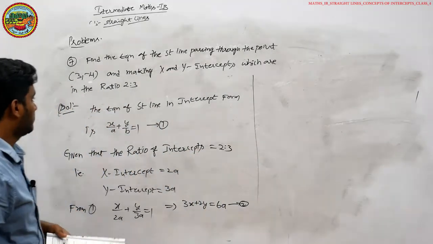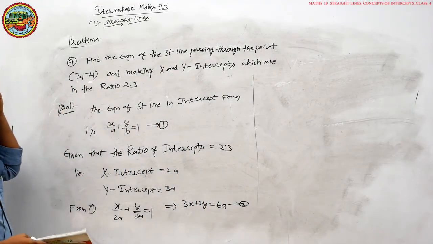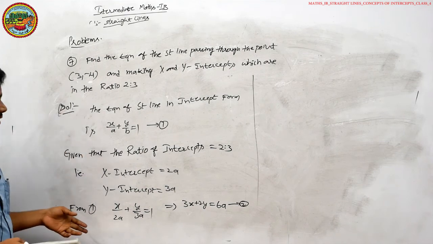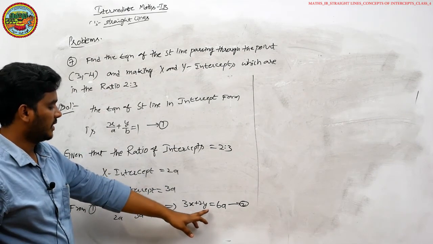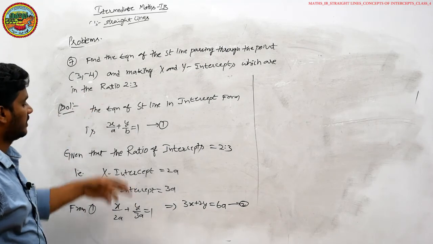Since the point 3 comma minus 4 is passing through the line 3x plus 2y is equal to 6a, substituting this we get the a value.